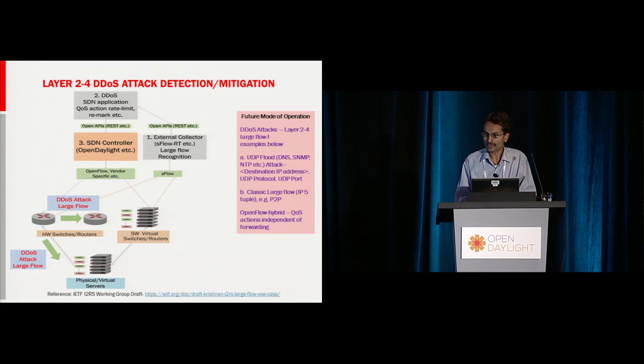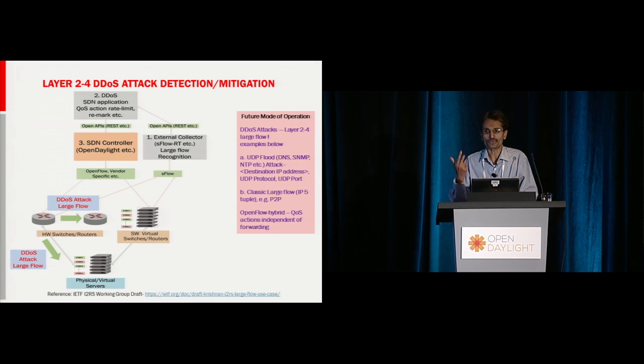Or it could be more. And some of the favorite ones which are happening today are the UDP flood category, like DNS, SNMP, NTP. And in fact, I think NTP is now kind of a NANOG favorite, on one of the mailing lists. And so basically, there's a large flow which can be detected and addressed right in the network.